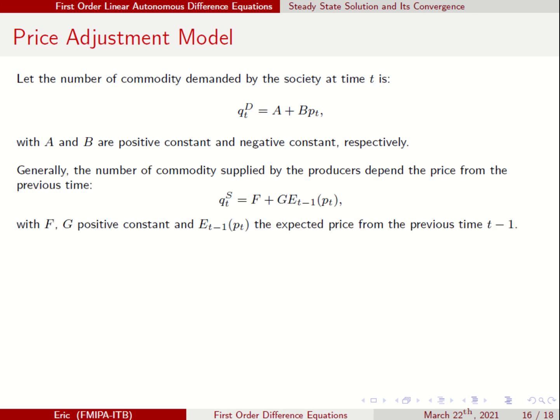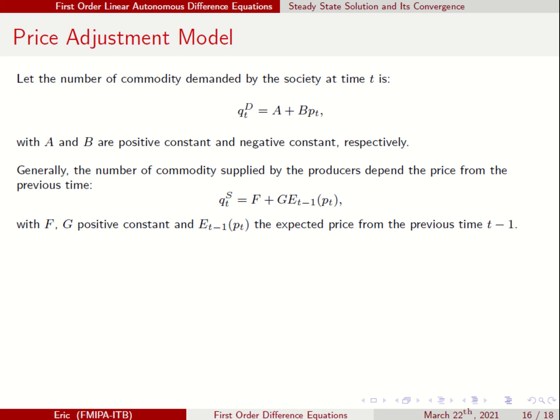What about the quantity supplied at time t by the producer? It depends on the price of the previous time: f plus g times E_{t-1} of p_t, the expected price from the previous time t minus 1. And g and f should be positive, because the supply function should be an increasing function.